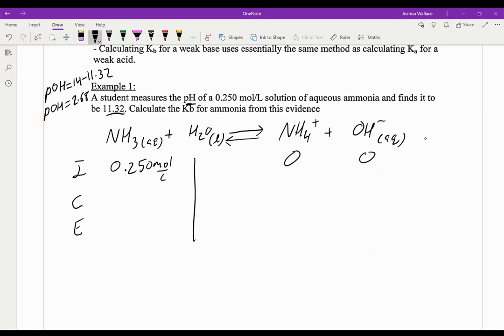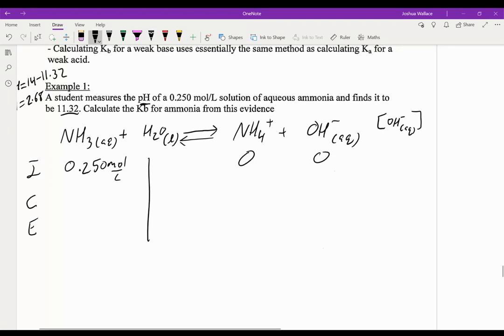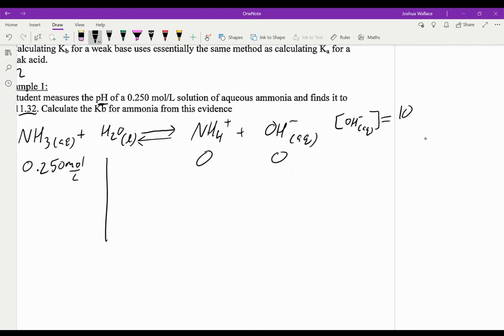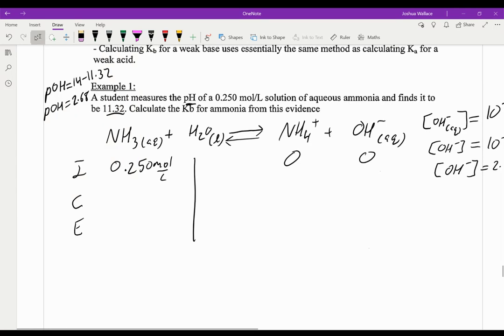So the hydroxide ion concentration, OH- aqueous, is equal to 10 to the negative pOH, so OH- is equal to 10 to the negative 2.68, and OH- equals 2.09 times 10 to the negative 3 moles per liter. And that's my concentration of OH-, which will go right here.